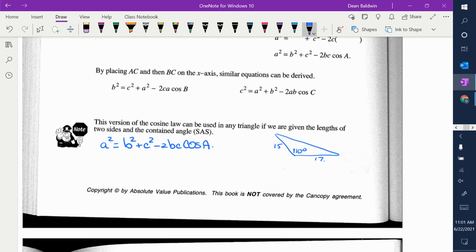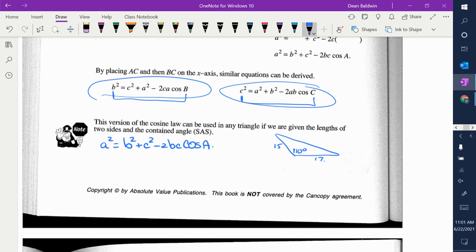Basically, if you don't have an angle side pair, use cosine law. That's it. Now, there's different forms of it. They rewrite it. But what you should notice is that the unknown out here is always tied to the angle in the cosine. Okay? In our case here, A is A. What I usually do is just rewrite every triangle so that A is your unknown.